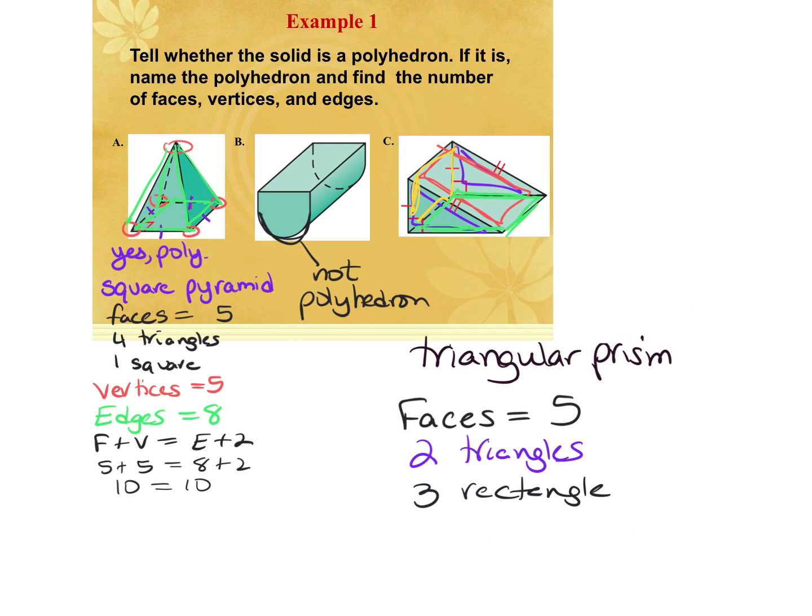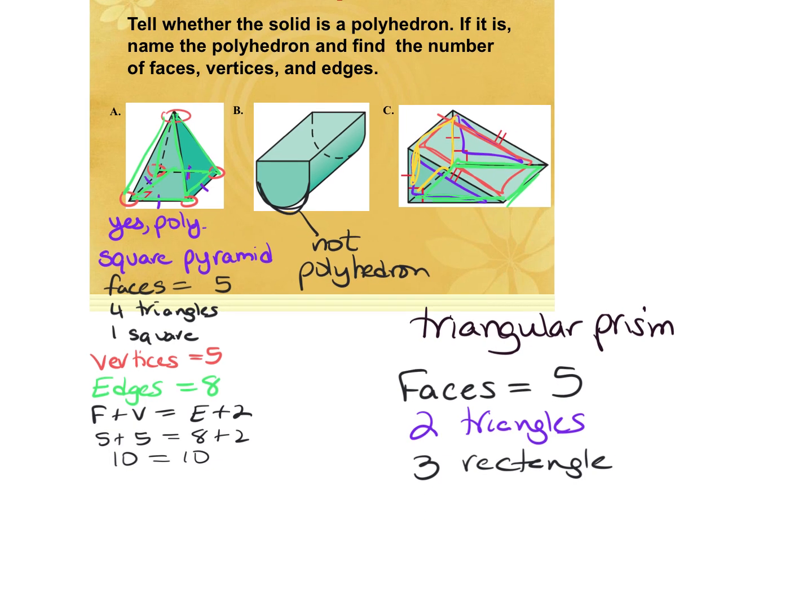Now for my edges, or vertices, all right, let's count vertices now. So for my vertices, I've got 1, 2, 3, 4, 5, 6 vertices. And then the edges are the intersection of the faces.